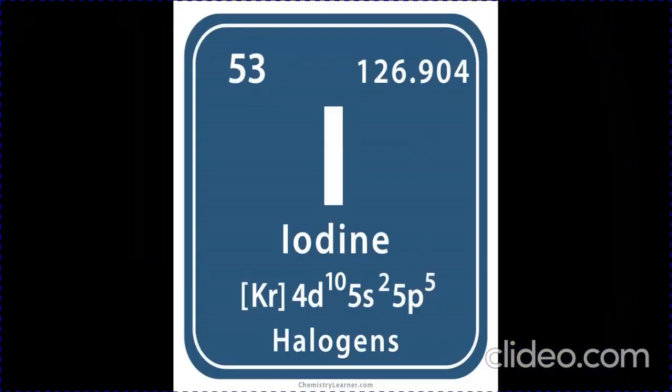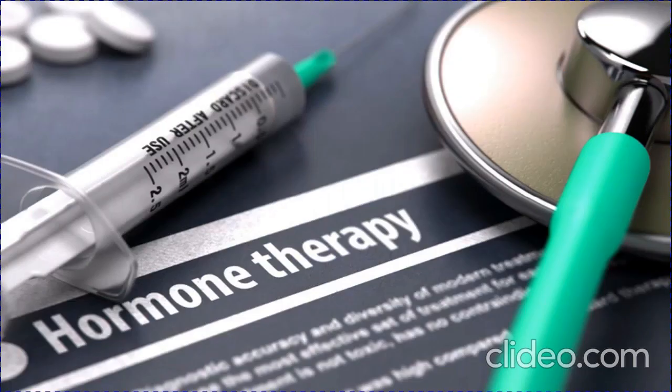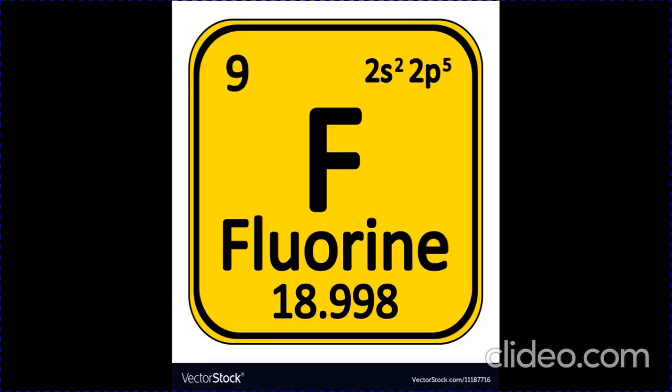The fourth element will be iodine. Iodine helps improve the hormones in our body, and iodine is not created inside the body. It is taken in through our diet, what we eat every day. Number 5 will be fluoride.